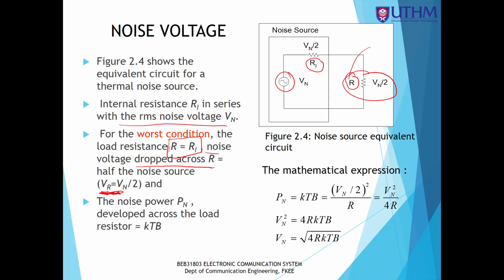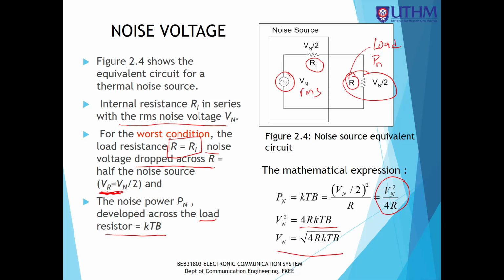And the noise power Pn developed across the load resistor is KTB, which is (Vn over 2) squared divided by R. Remember Vn is in terms of RMS, so that's why we divide by 2, squared, divided by R. We get Vn squared over 4R, which is equal to KTB, so Vn squared is 4RKTB.